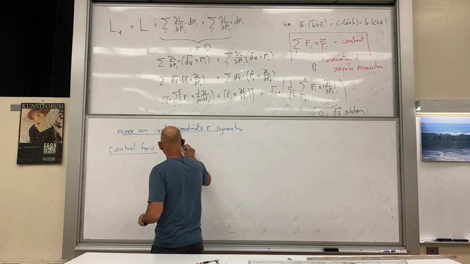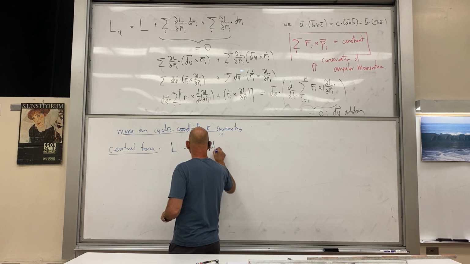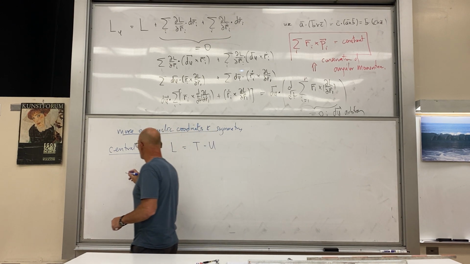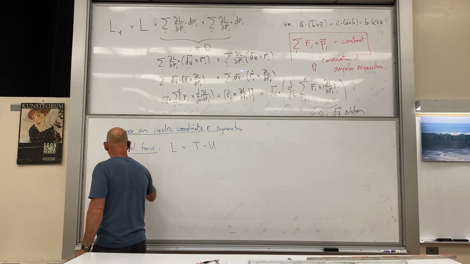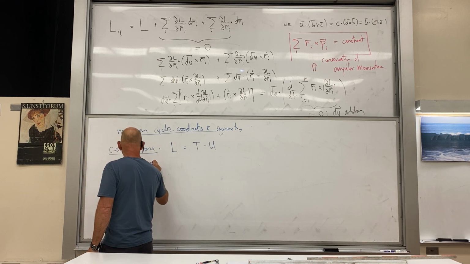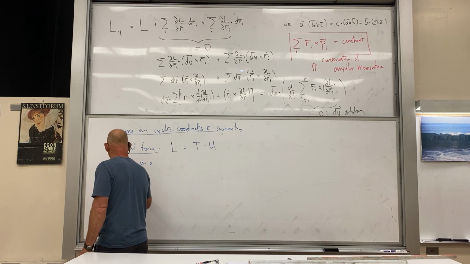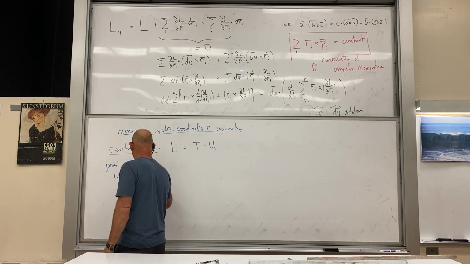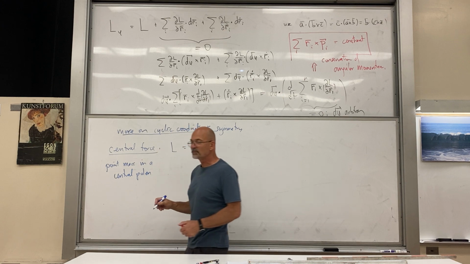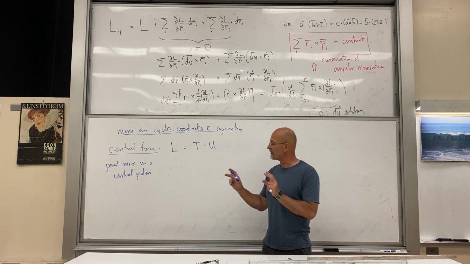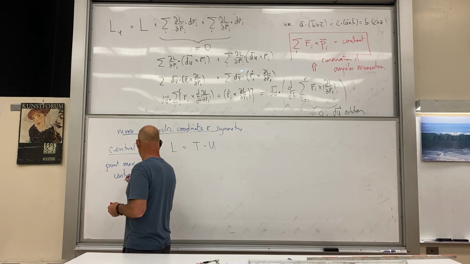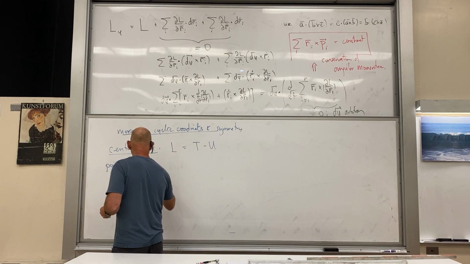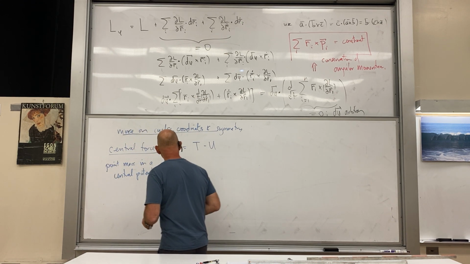So L equals T minus U. So central force, point mass in a central potential. And we know if it's a two-body problem, then that mass M is actually the reduced mass. Central potential. But that makes no difference.